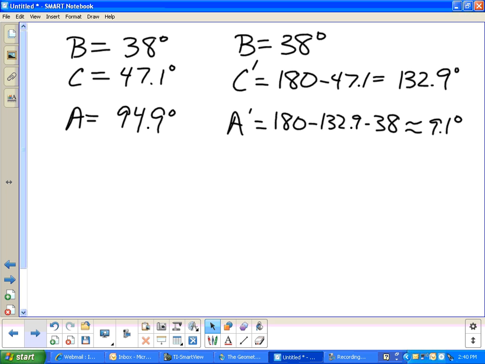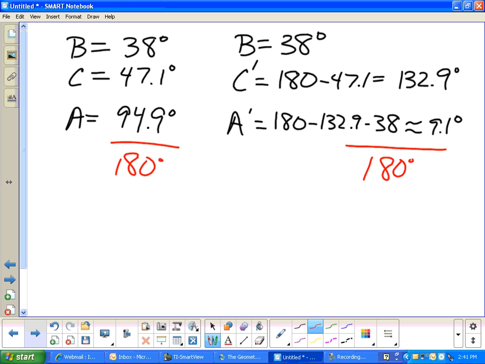Of course, triangles add up to 180 degrees, so if you change C, you've got to change A, because these three numbers always have to add up to 180 degrees. So when C prime is 132.9, angle A has to be 9.1. I got 10. Okay, you rounded. It's fine.